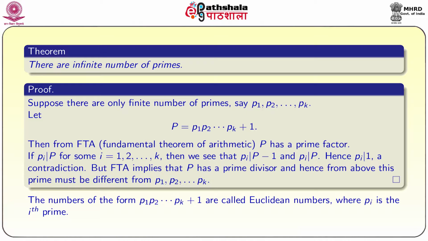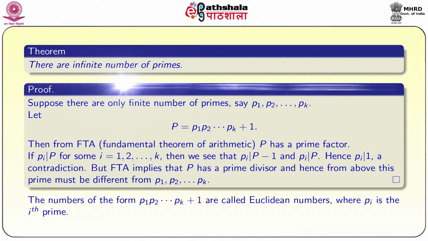Then by the fundamental theorem of arithmetic, P has a prime factor. Since the first prime p1 is at least 2, P is greater than or equal to 2, so it has a prime factor. If you take that prime as pi, then pi divides P for some i in 1, 2, 3 and so on k, that is, pi is one among p1, p2 and so on pk.